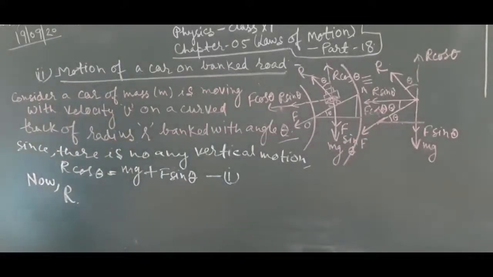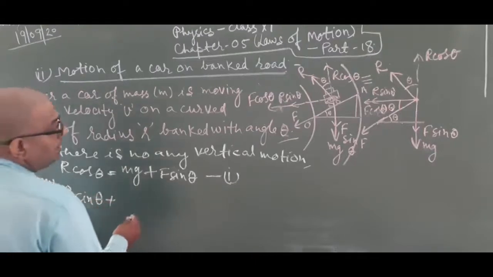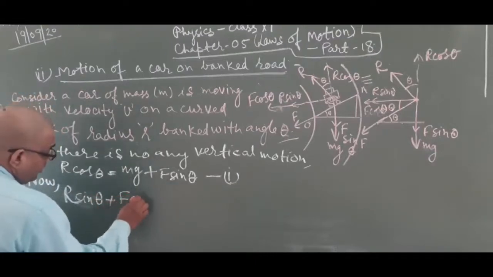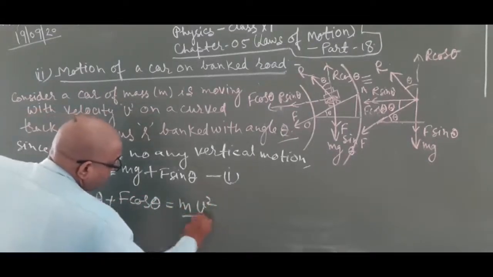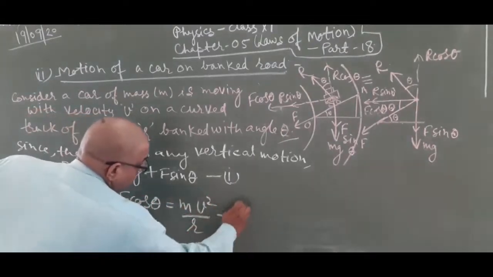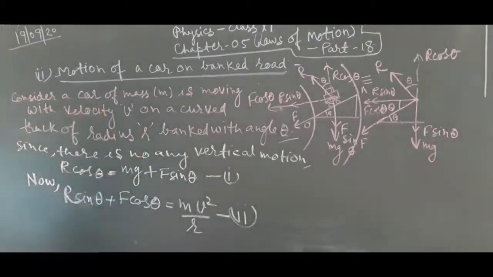So from the second equation, R sin theta plus F cos theta gives mv square upon R. This is the cause of centripetal force.